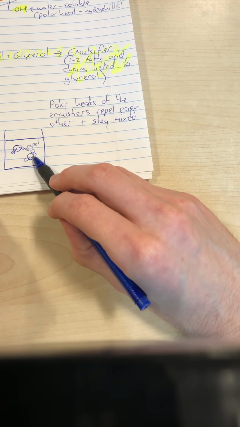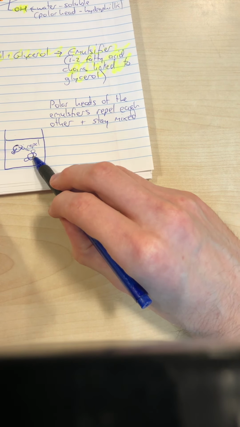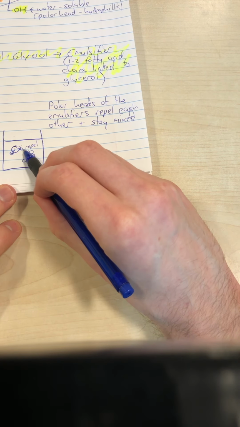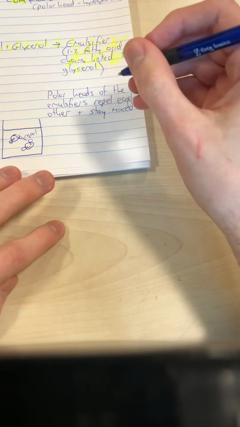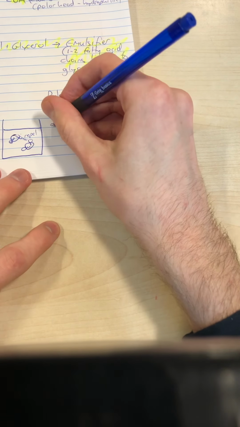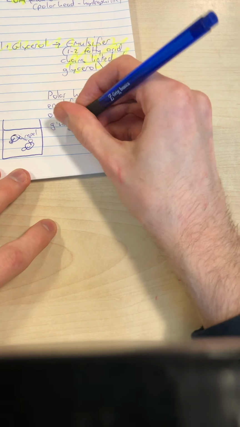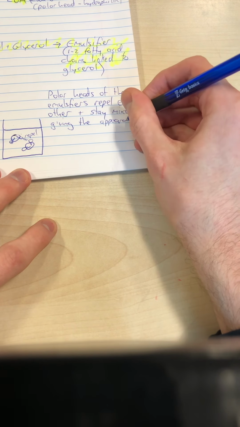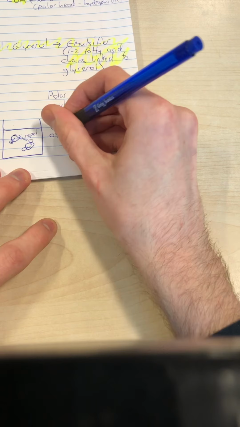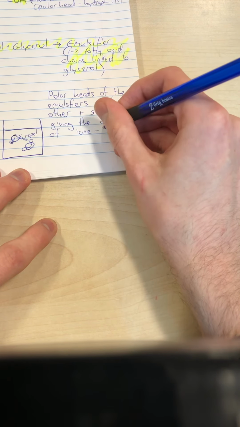So every time they try and go back to the two immiscible layers, the heads repel each other, and that stops it from showing those two distinct layers. So they stay mixed, giving the appearance of one layer.